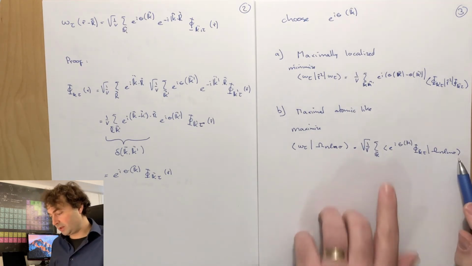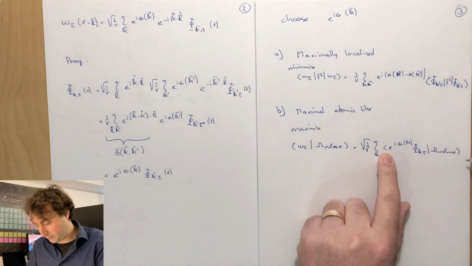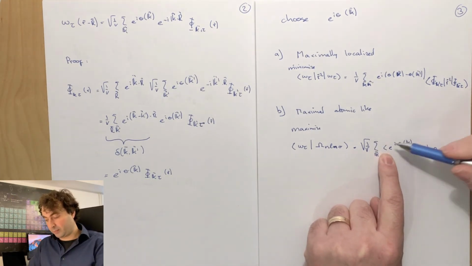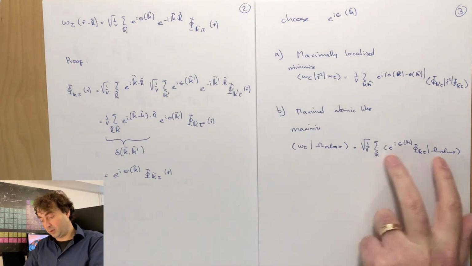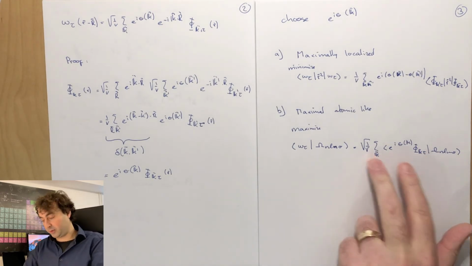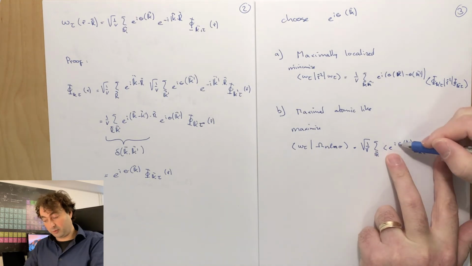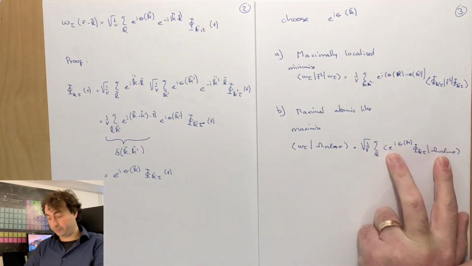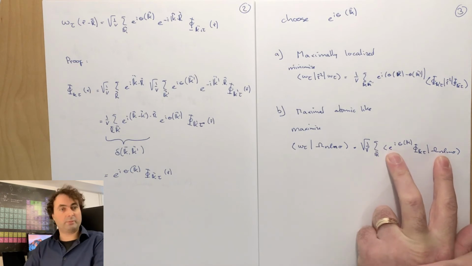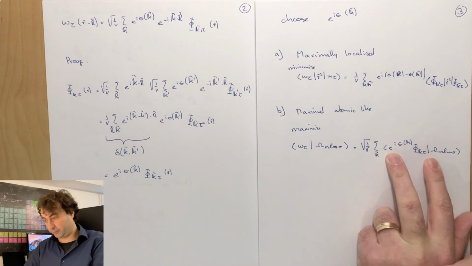Now, this sum is maximal when what we have in here is real and positive. If you're summing a set of complex numbers and you can change the phase of that complex number but not its norm, then you get the maximum out when the phase of all of those functions is the same and positive.